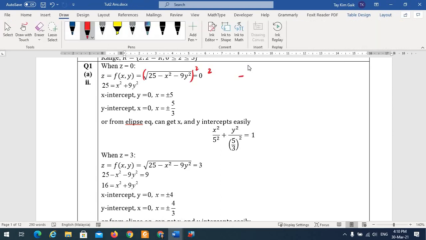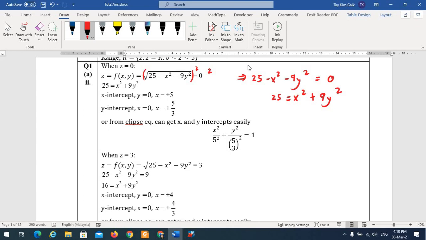That's why you get 25 minus x squared minus 9y squared equal to 0. Then you manipulate it, bring the negative to the other side, so you have 25 equal to x squared plus 9y squared. This is actually the ellipse equation.